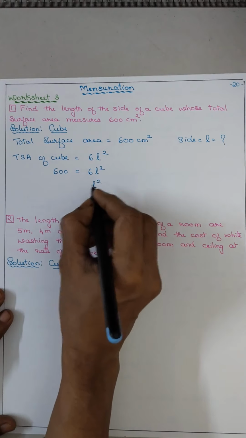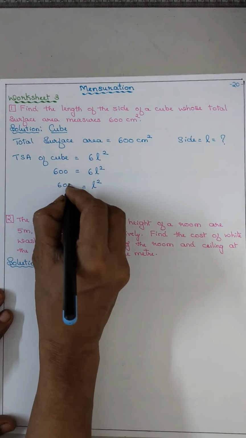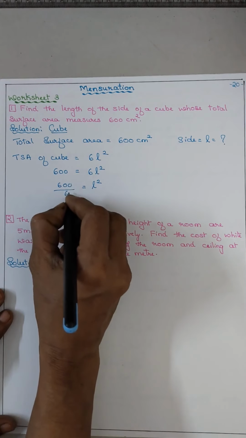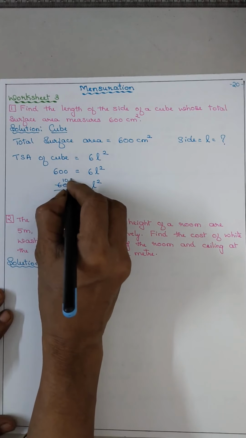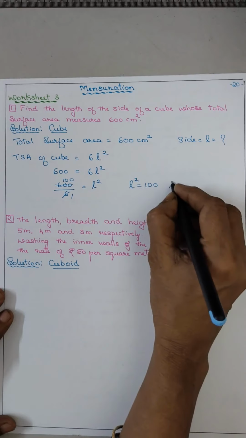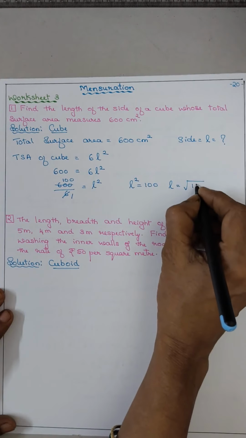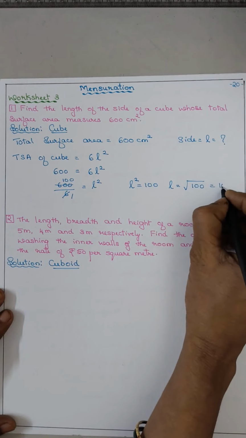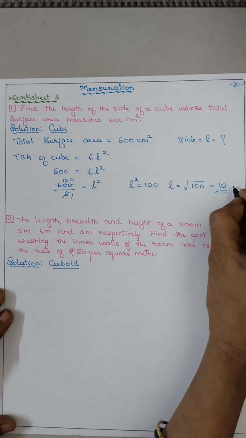So 600 value is given, 6L square. So L squared is equal to 600 divided by 6. 6 ones are 6, 0s are 0. So L squared is equal to 100. L is equal to square root of 100, that is 10 centimeter.